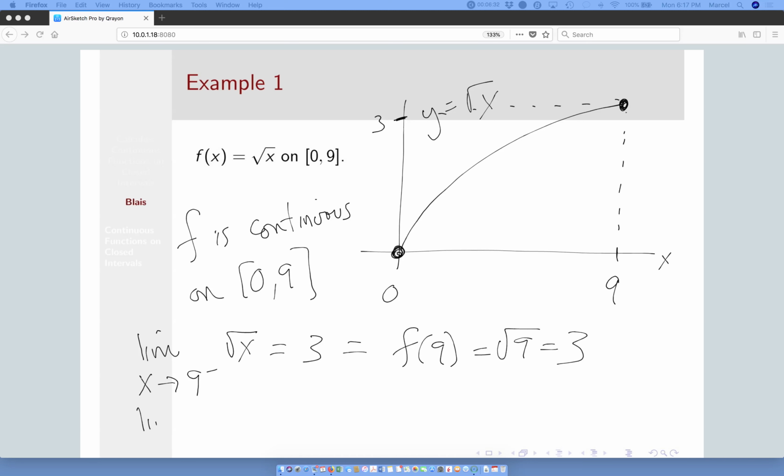Similarly, as x approaches 0 from the right, the limit of root x is 0, which is also f of 0. So we see this gives us our continuity from the left at this right endpoint, and here we have the continuity from the right at the lower endpoint.